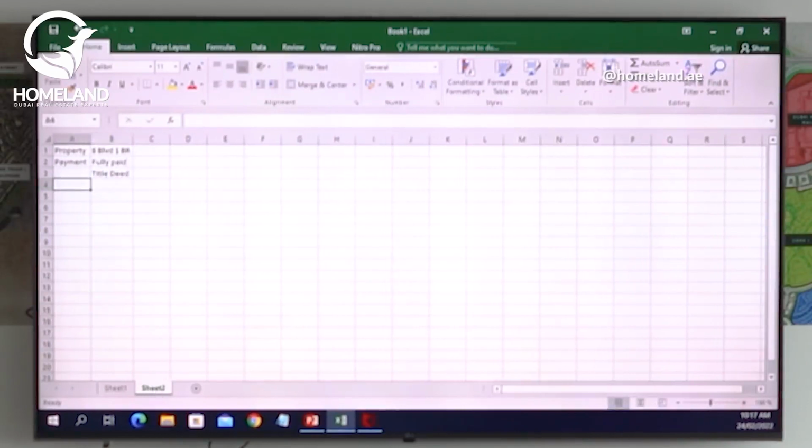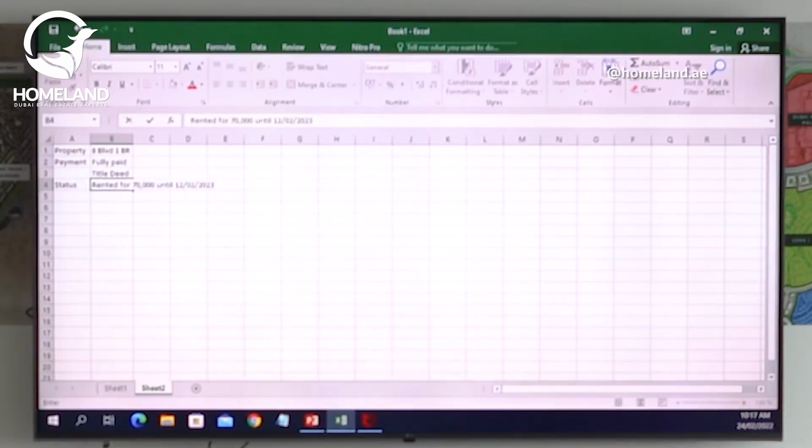Status is rented. For how much? 70,000. It's 8 Boulevard in Downtown, 1 bedroom, rented for 70,000 until 12 February 2023.